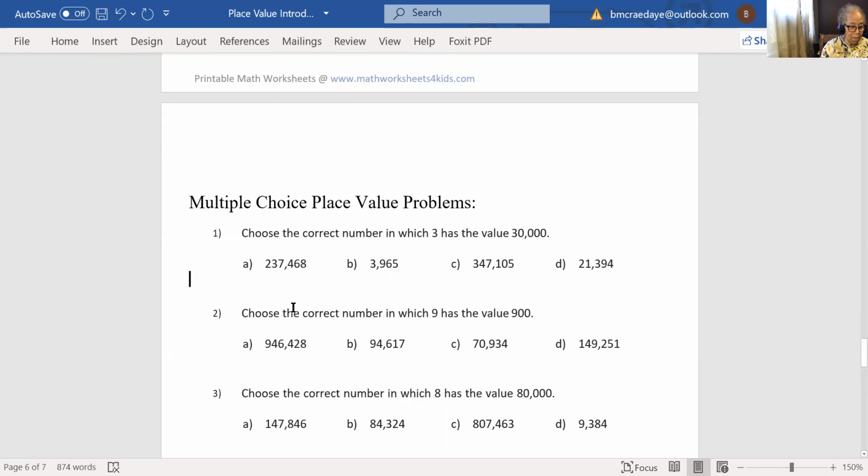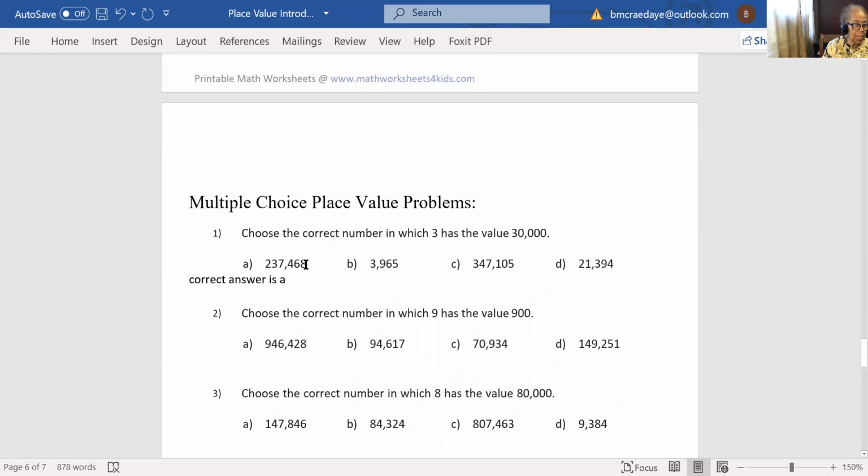So we put here correct answer is A, because 3 in this position is 10,000. So 3 times 10,000 is 30,000.